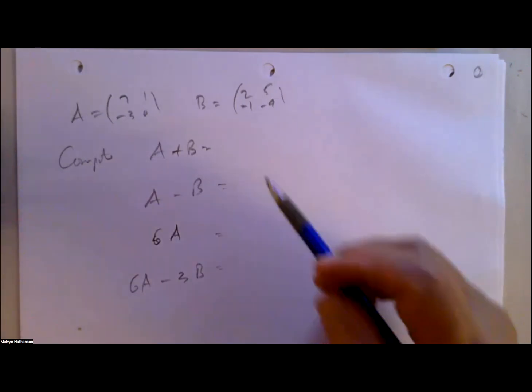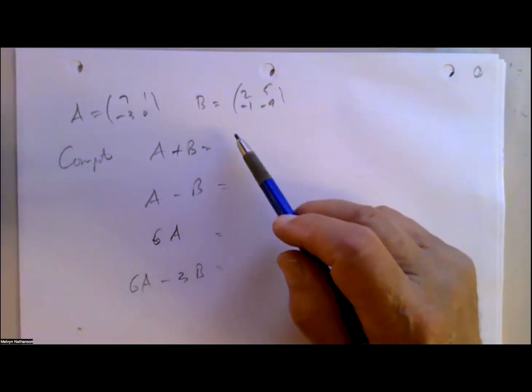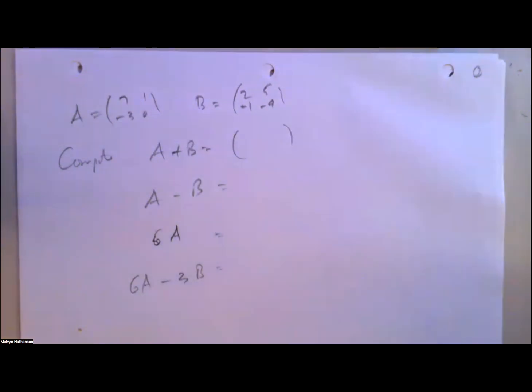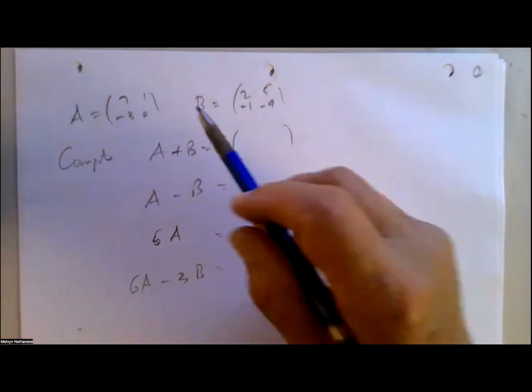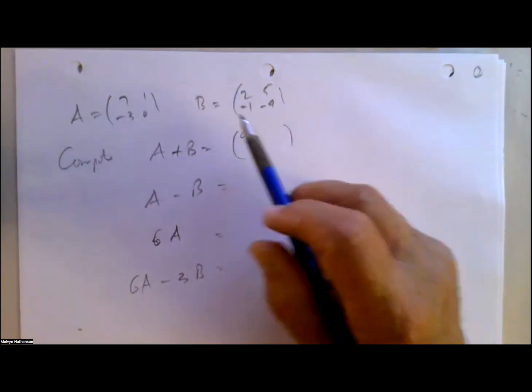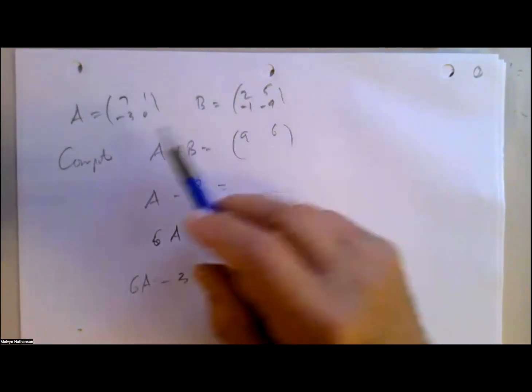Okay. Can someone tell me what is the matrix A plus B? When you add the two matrices together, what do you get? Nine, 6, minus 4, minus 4. 7 plus 2 is 9. 1 plus 5 is 6.